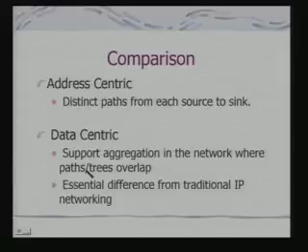So, that data centric processing can take place over such multiple paths, and this is the essential difference from traditional IP networking. So, this data centric routing, which is absolutely important for observing the phenomena in a sensor network, makes the whole routing exercise completely different from IP centric networks. Okay.